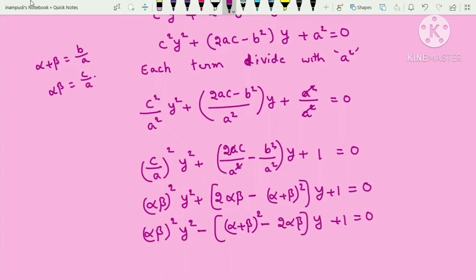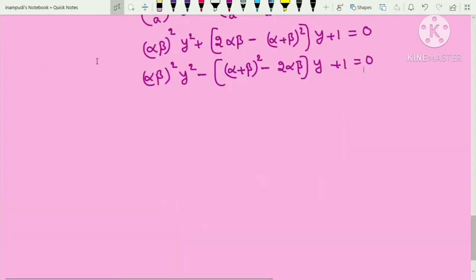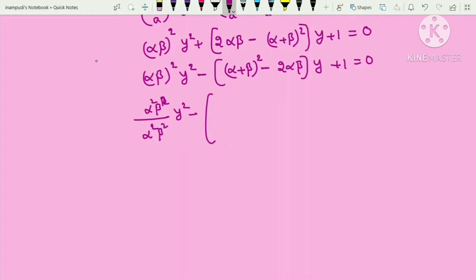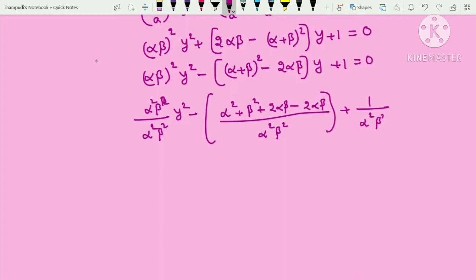So next we divide each term by (alpha beta)². This gives (alpha² beta²)/(alpha² beta²) y² minus each term divided, with (alpha + beta)² written as alpha² + beta² + 2 alpha beta minus 2 alpha beta, divided by alpha² beta², plus 1/(alpha² beta²) = 0.